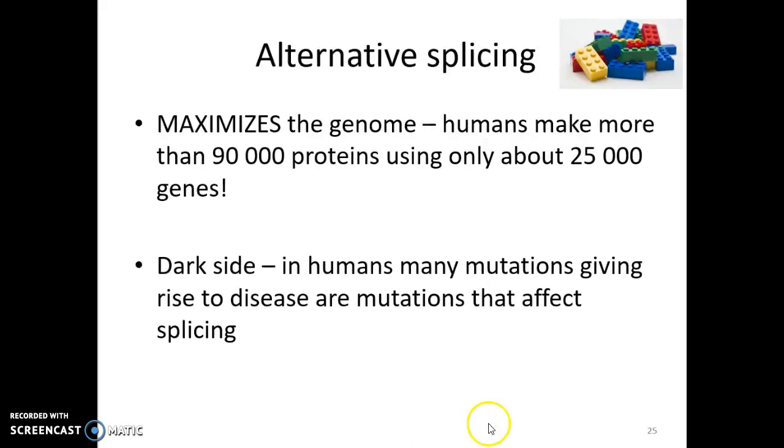This turns out to be a key to a riddle that was discovered after 2001, when the human draft genome was first released, and in 2003, the final genome was released. Since then, we've been studying it like crazy.